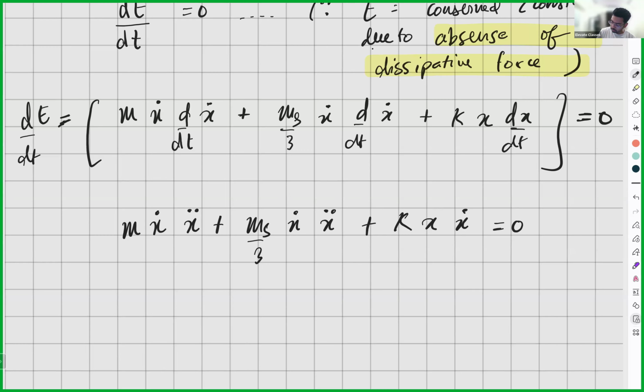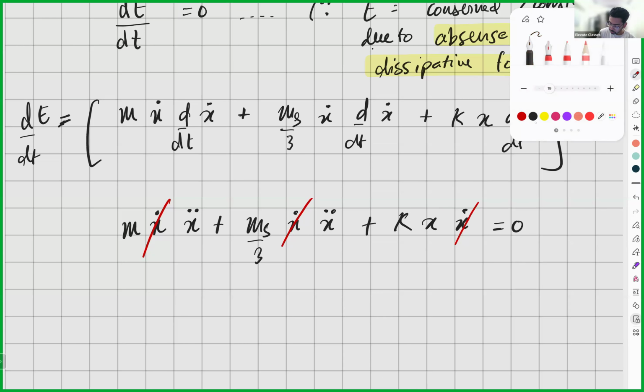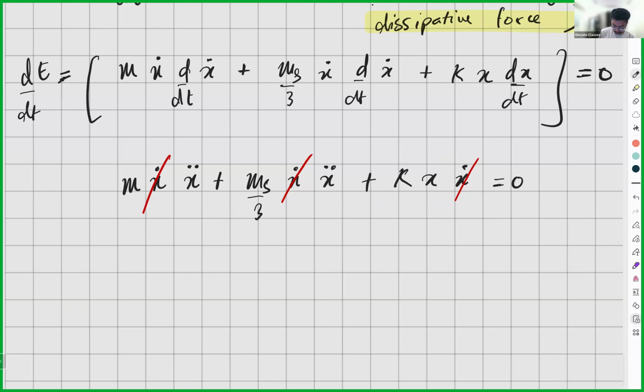So I hope we have proceeded correctly. Now x dot gets cancelled from all three terms. So now x double dot into m plus ms by 3 is equal to minus kx.